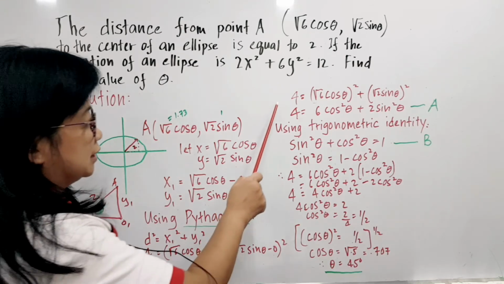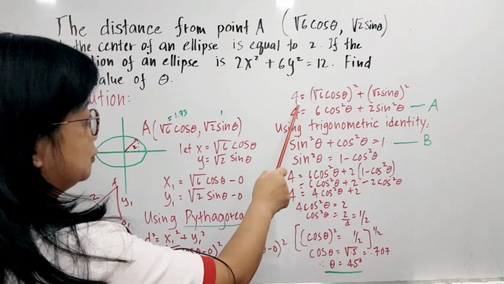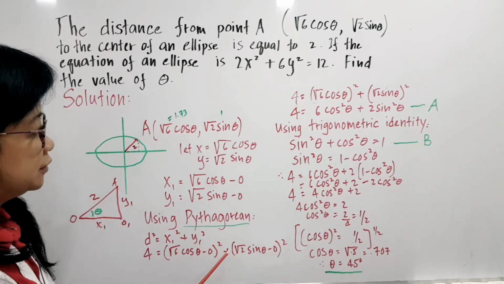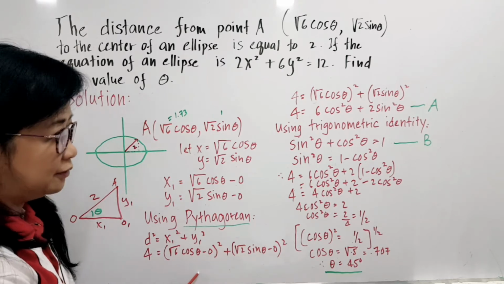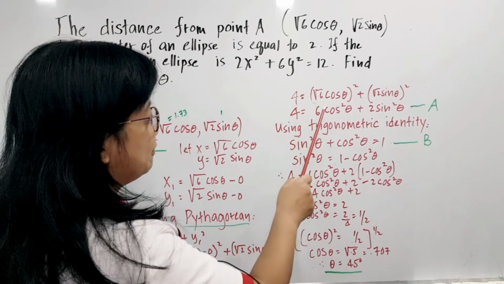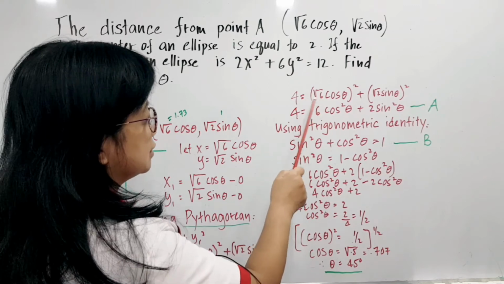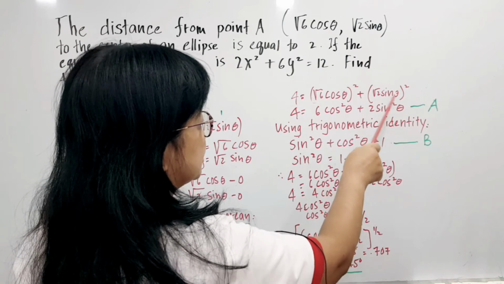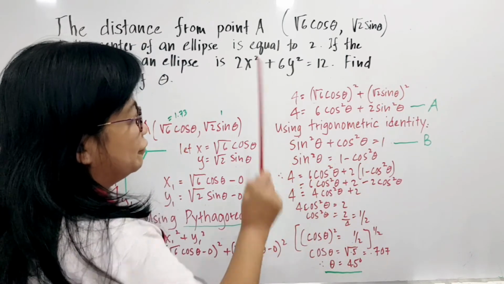Now, here it is. 4 is equal to, kasi square root of 6 cosine theta minus 0 is equal to square root of 6 cosine theta only. So, simplifying, square root of 6 cosine theta squared plus square root of 2 sine theta squared is equal to 4.